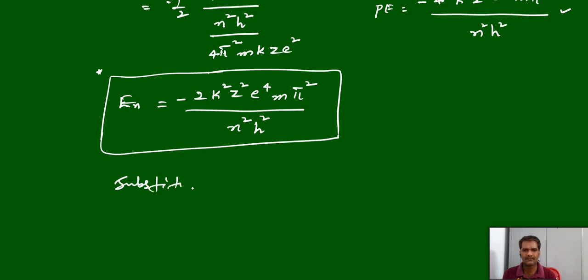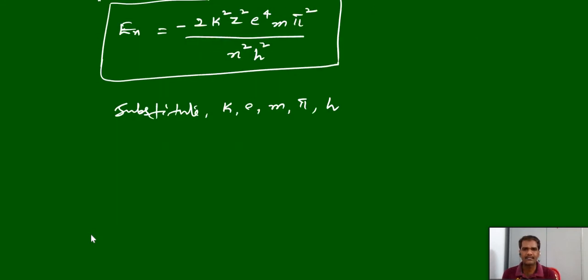Substitute that k value, e value, m value, pi value and h value. Then you will get energy E is equal to minus 13.6 Z square by n square.